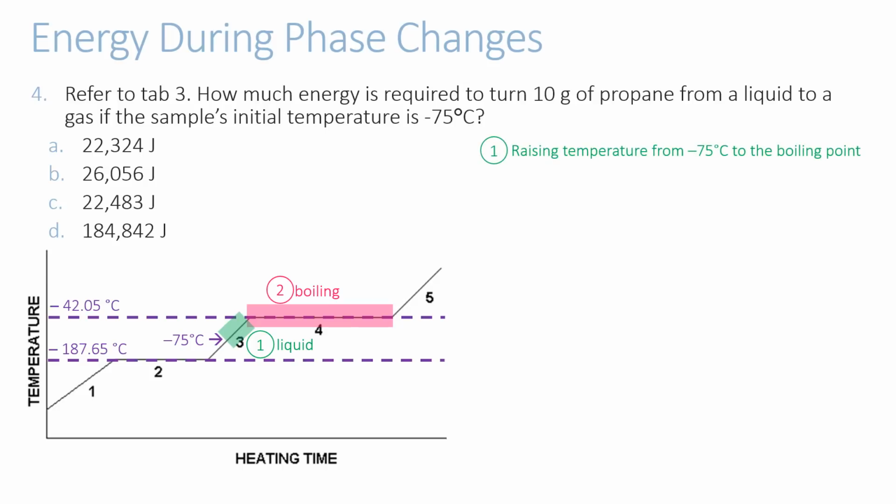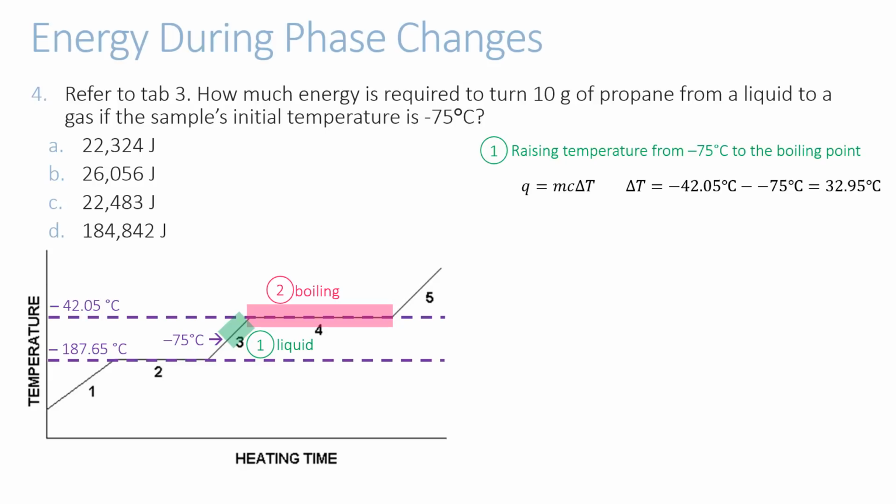So first, we're going to raise the temperature from -75 to the boiling point. Because I have a temperature change here, I can use Q equals mc delta T: the mass of the propane, the specific heat of liquid propane, and the temperature change for the propane.